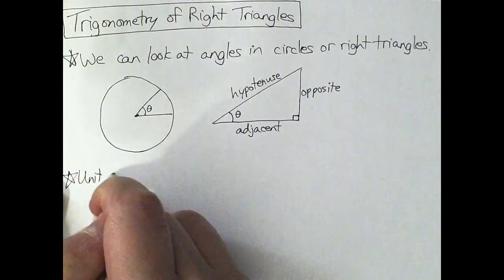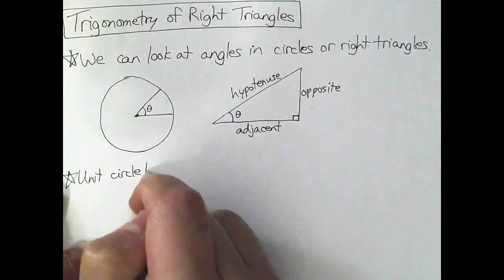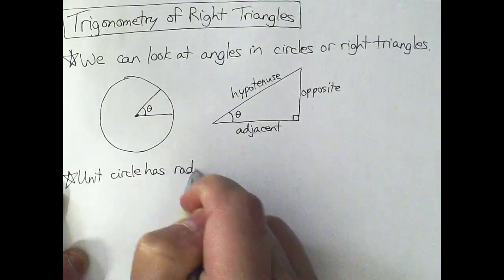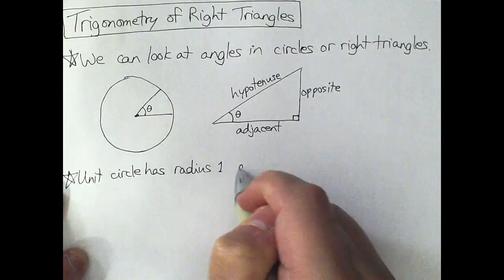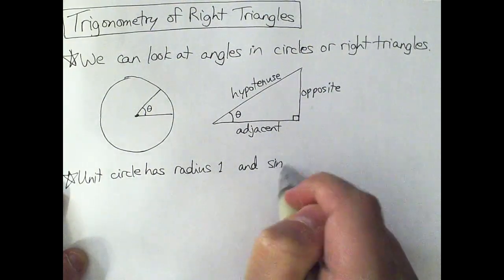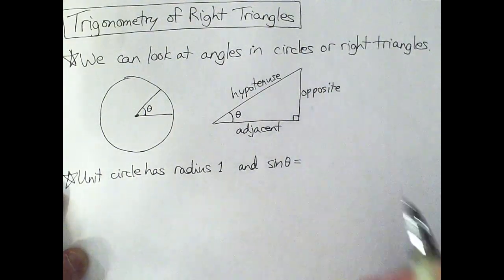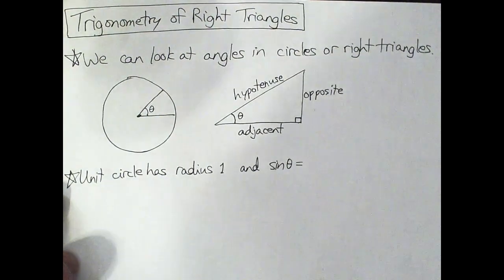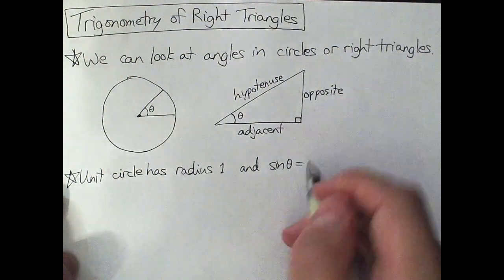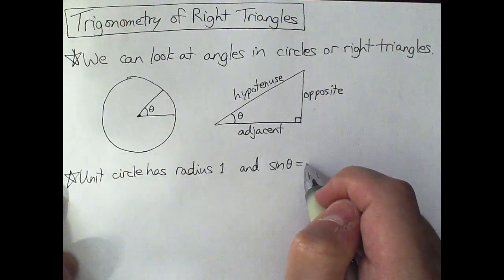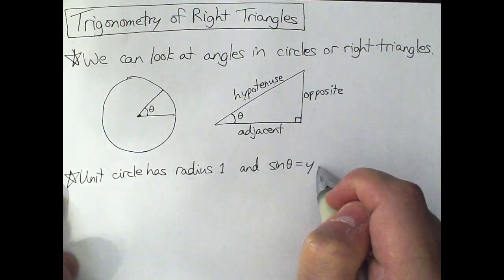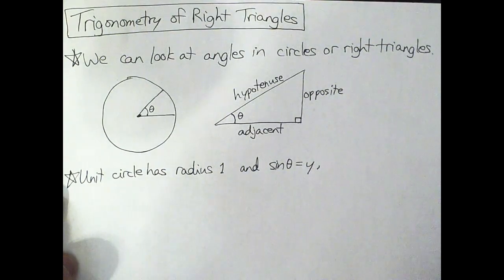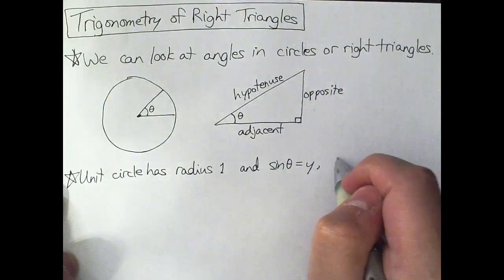The unit circle has a radius of 1. And we know that, previously in this class, we typically called it something like sine of t, the t value of how far around the unit circle we go. Right now I'm calling it theta, and theta can also be thought of as the t value in radians.